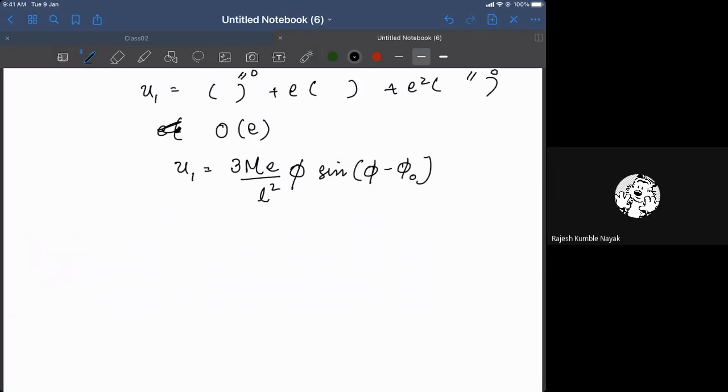You can check this, and then you can write u as 1 by L, 1 plus e into cos of phi minus phi naught. Then there will be higher order e square terms. Those we are ignoring because this order is sufficient.